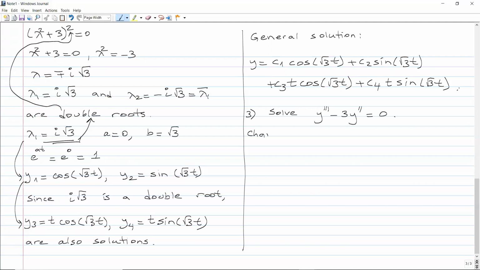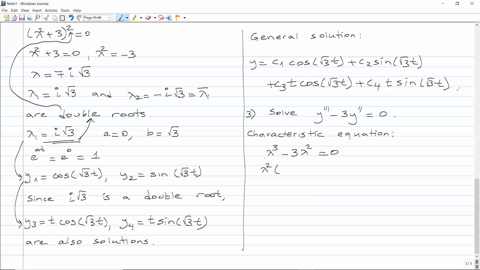So again, first we write the characteristic equation. The third derivative of y corresponds to lambda cubed, minus 3 times the second derivative of y, which corresponds to lambda squared. So this is equal to 0. Now, in this polynomial, lambda squared is a common factor.